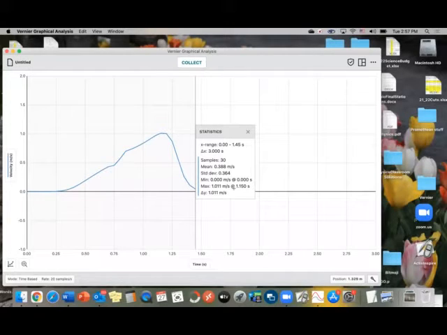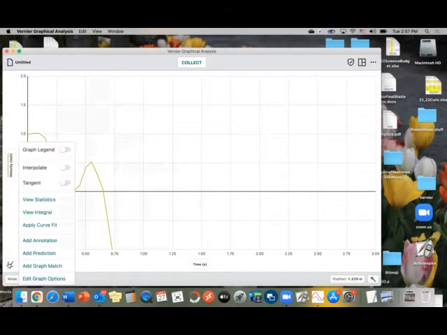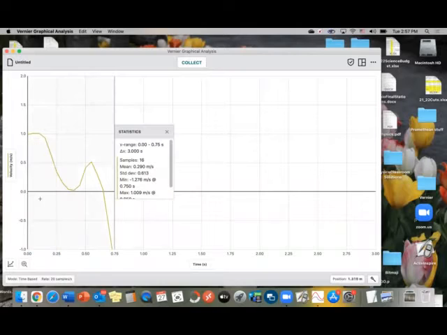Okay. So again, we're starting at 40. Getting it in the little slots. Let's see if we can collect that. Oh, let's see if we got anything decent out of that. So that was 1.009 meters per second.